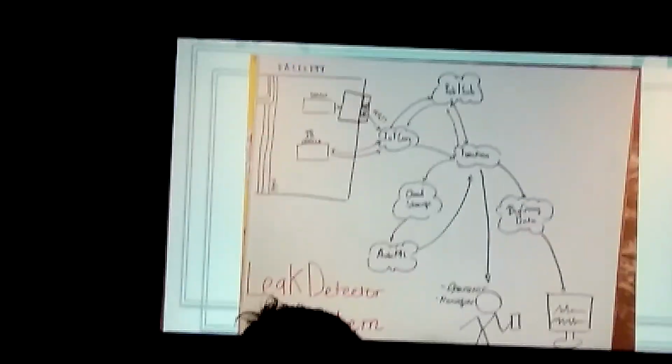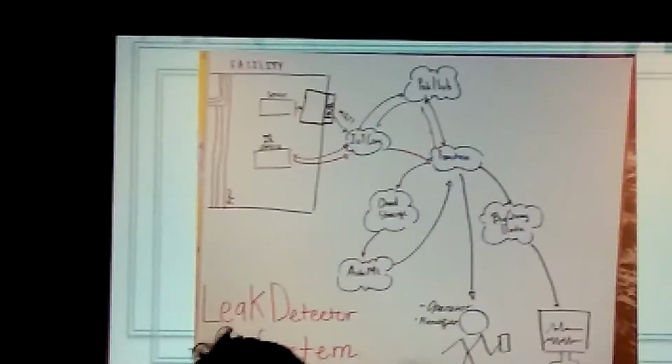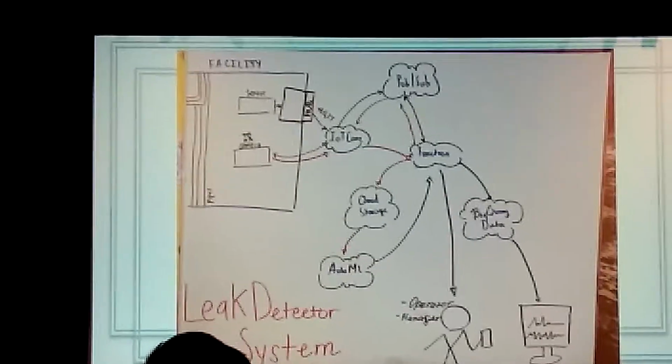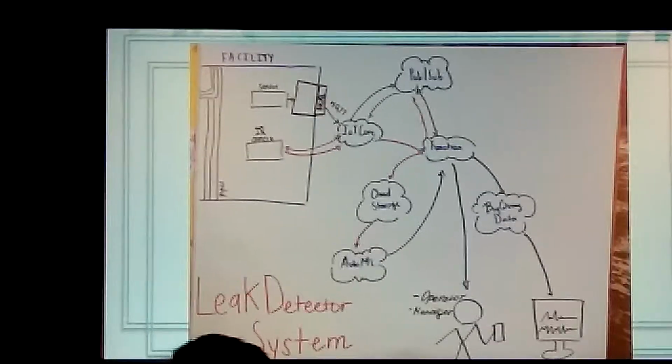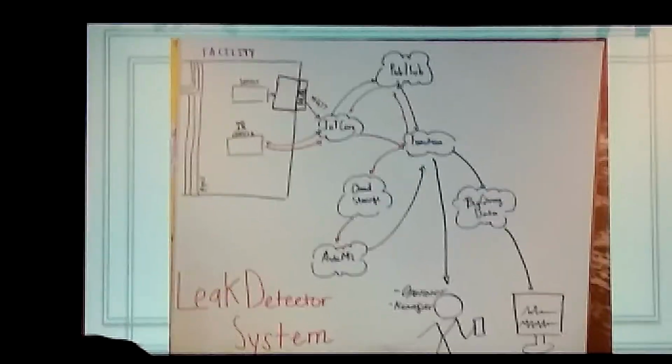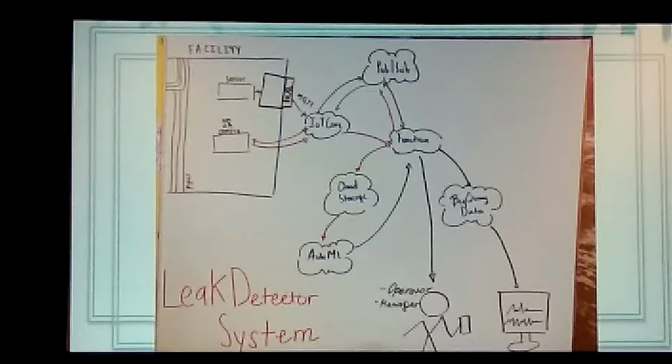Hi there. I'm going to show you a Google product that we use, and let's use our imagination. We're starting from the top left corner. Imagine we have a facility or factory that has old pipes, and along the wall we have sensors that send MQTT data to Google Cloud, which goes to IoT Core, to Pub/Sub, to the Cloud Function.